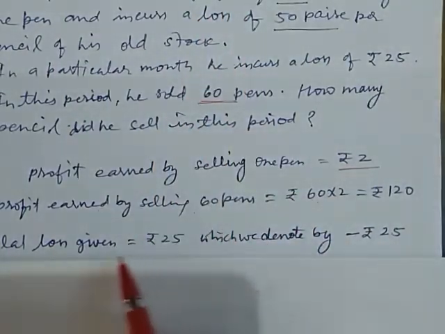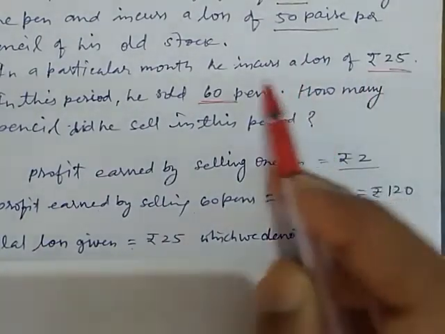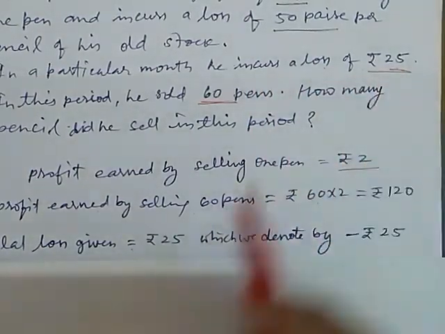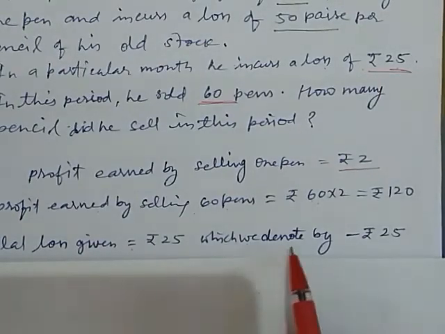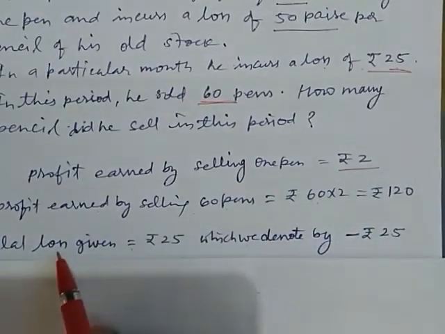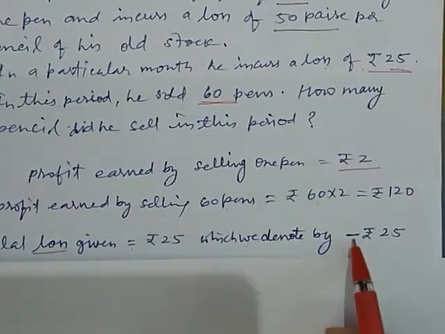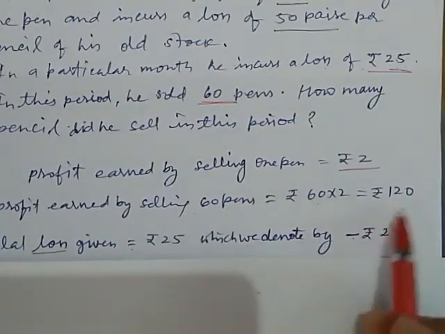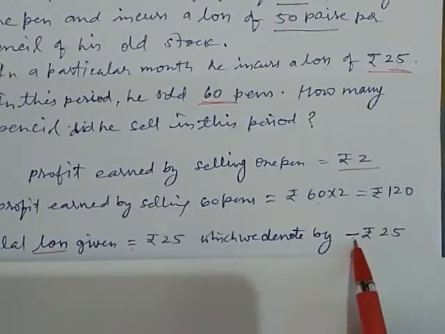So here the total loss given is ₹25, which we denote by minus 25. Why? Because this is loss, so we put a negative sign here. For profit there is positive, and for loss we put a negative sign.